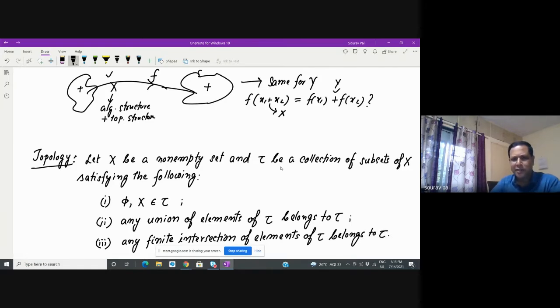If this collection tau satisfies these three properties, then we call this tau a topology on X.